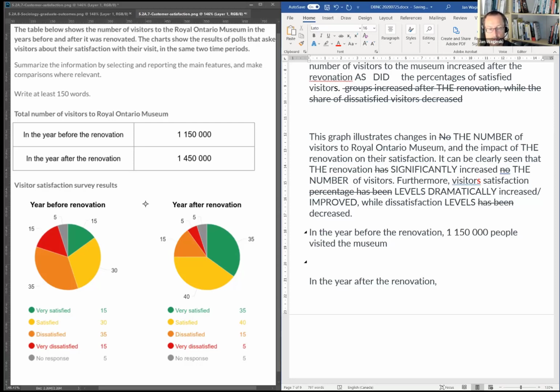Were most people happy or were most people unhappy? You can say most. Unhappy. Over 50% were unhappy. Yeah, sorry, over 55. And most were unhappy with their visit.